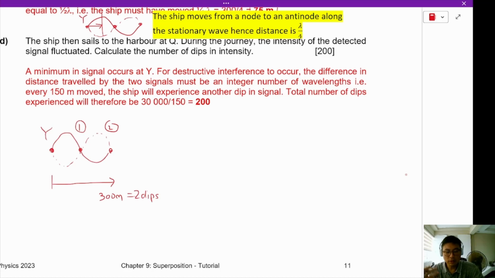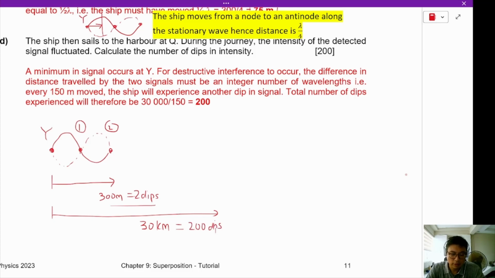Now, it's going to have to travel, what's the distance to the speaker? It has to travel 30 kilometers. So the question is, when you travel 30 km, how many dips are there? If 300 meters is 2 dips, then 30 km will be 200 dips.